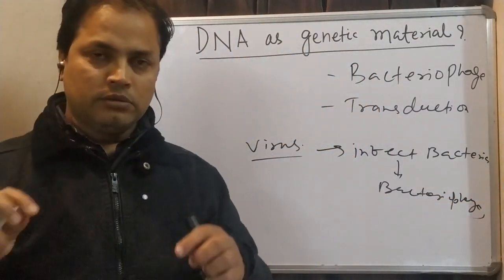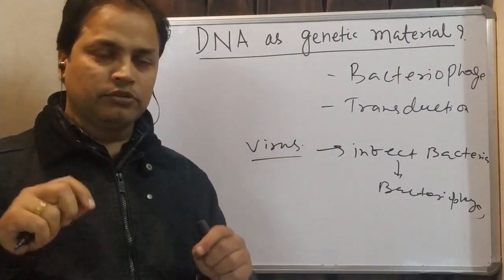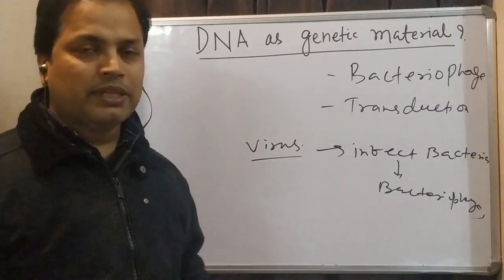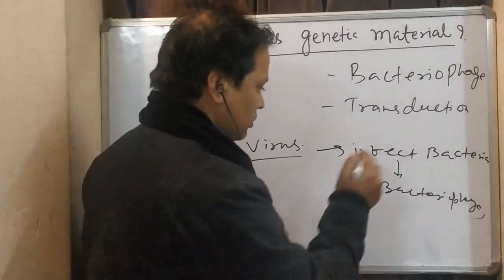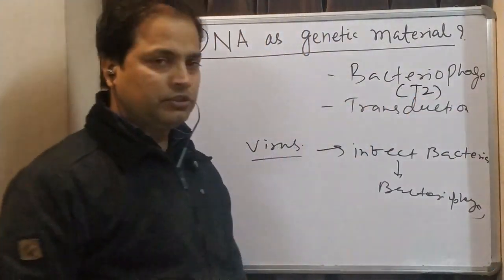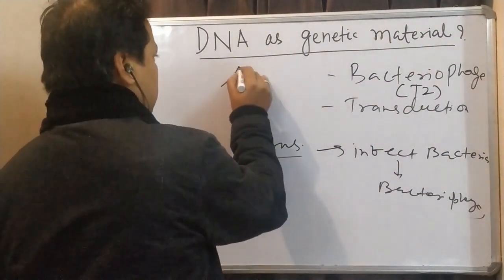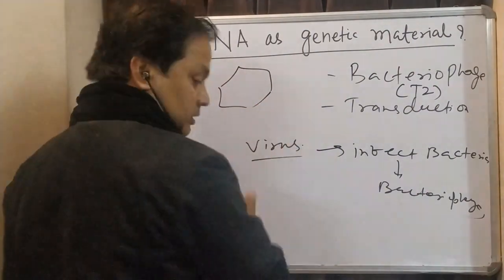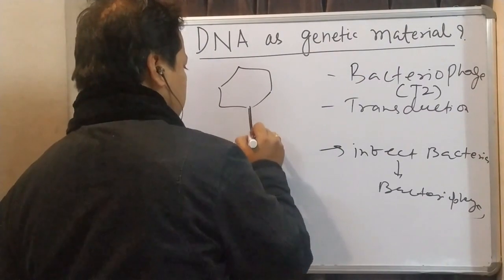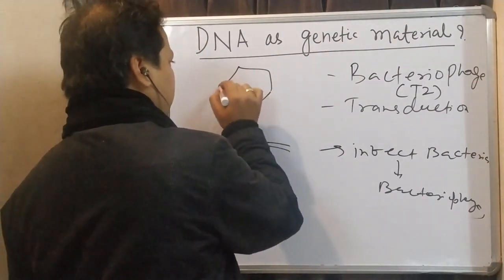This bacteriophage has different types of classification. One type is T2, which is called the T-even bacteriophage. In their experiment they used the T2 bacteriophage. The shape of this bacteriophage is a hexagonal structure, plus it has a port and then legs.